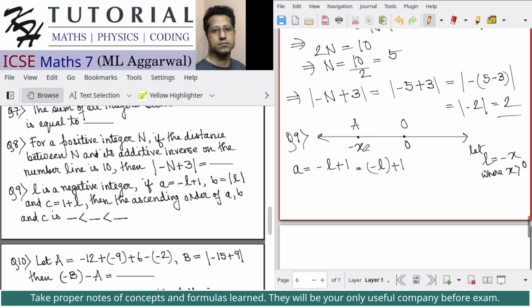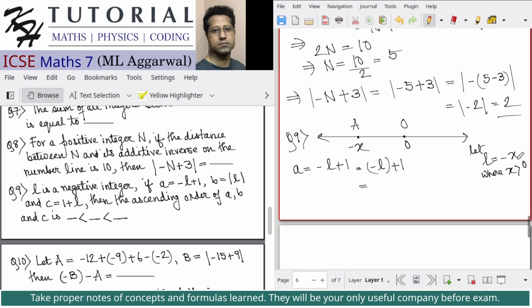Now, if the position of minus x is marked by the point A on the number line, what will be minus L? So a is negative of L plus 1. We have assumed L to be minus x, since L is given to be a negative integer, for some positive integer x.